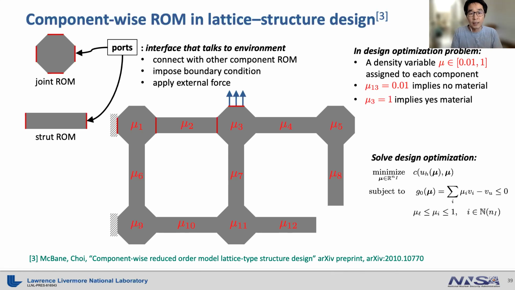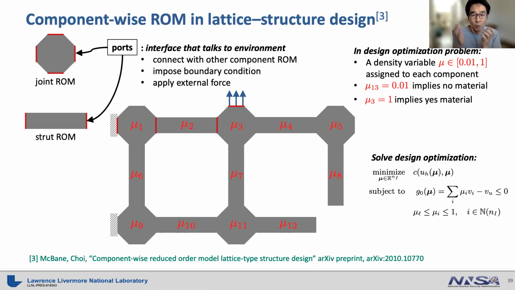And we automatize this procedure in order to find an optimal density variable for the overall system, and we minimize, for example, compliance, and then introduce some bound constraints and also some mass constraints, like for example, from the overall system you only want 50% of the mass in your optimal lattice structure, right?